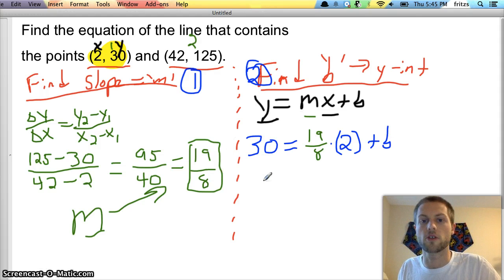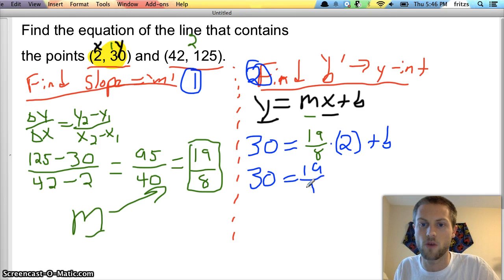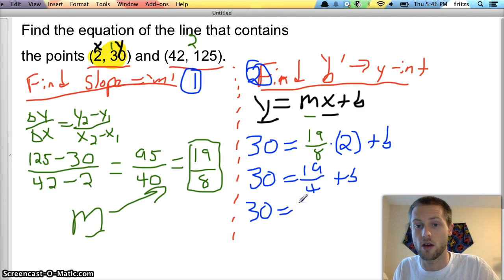Now we're just crunching numbers here. We're going to have 30 equals, if I multiply these two things together, that's going to be 19 fourths plus b, or 30 equals 4.75 plus b.